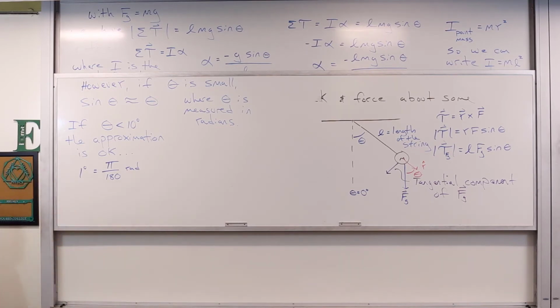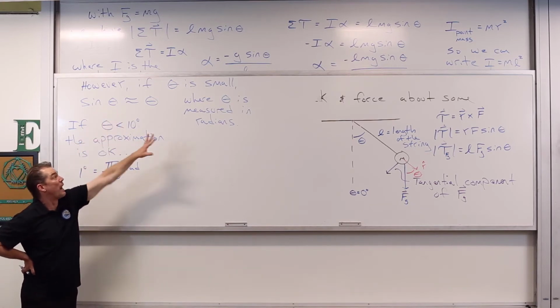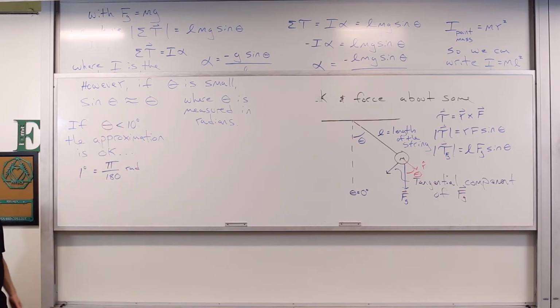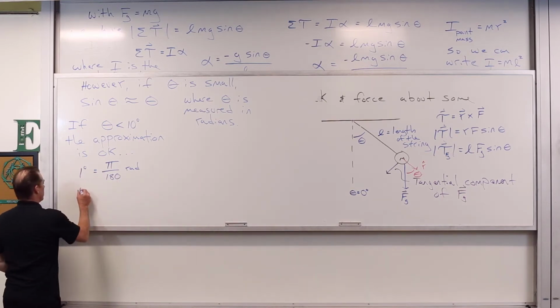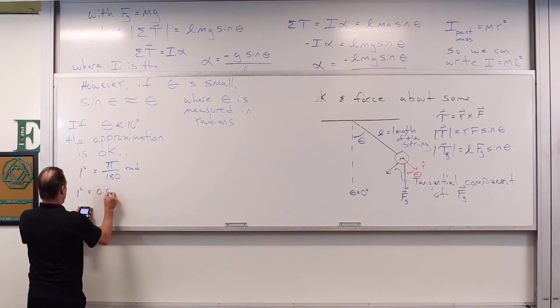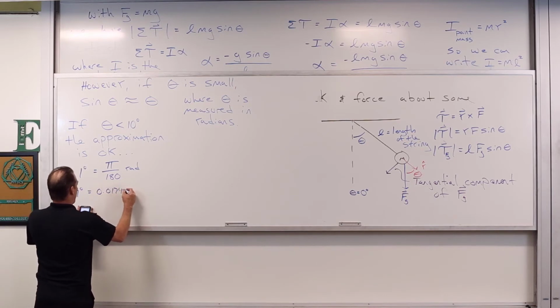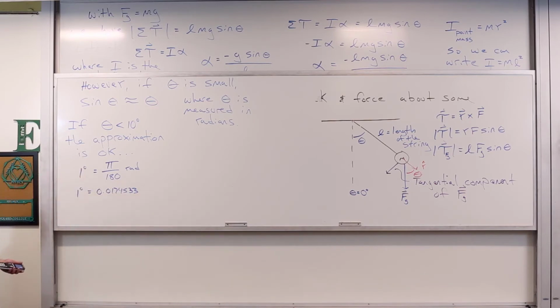All right, so again, this is valid when theta is measured in radians. So we can look at equivalences, right? 1 degree is approximately how many radians? Pi divided by 180 gives us 0.0174533. There are some more figures, that's a rounded value, but there we go.